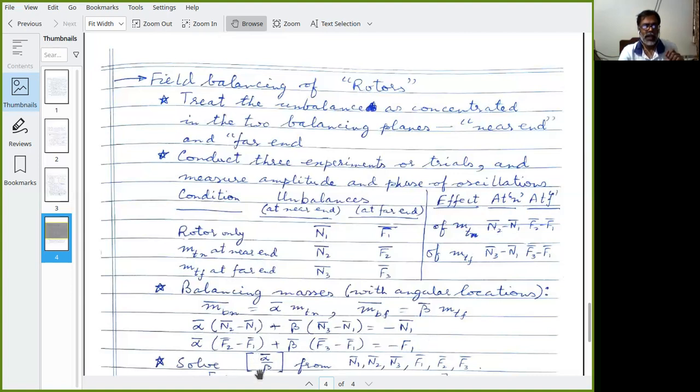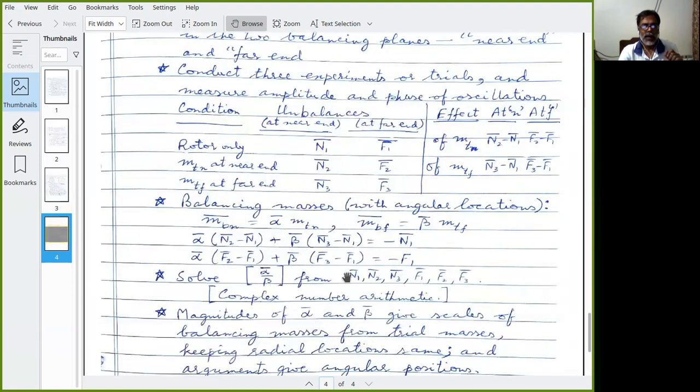So you solve alpha and beta from the knowledge of these six complex numbers. Whether you use complex arithmetic and take it down to four ordinary real equations, or you use complex arithmetic in your program, it's up to you.